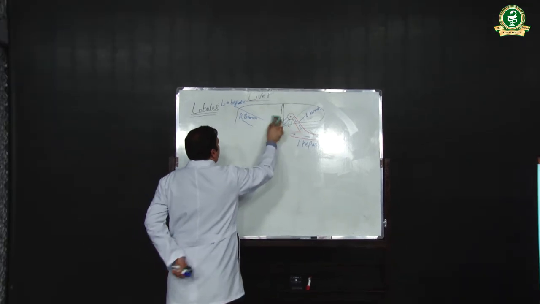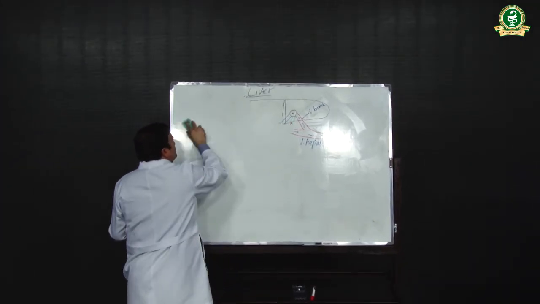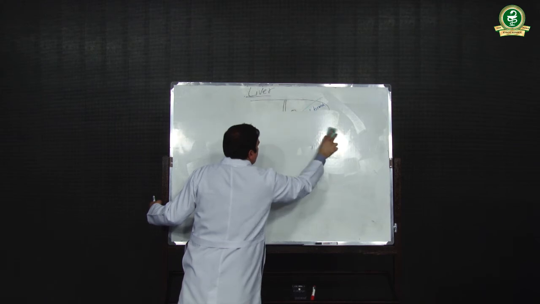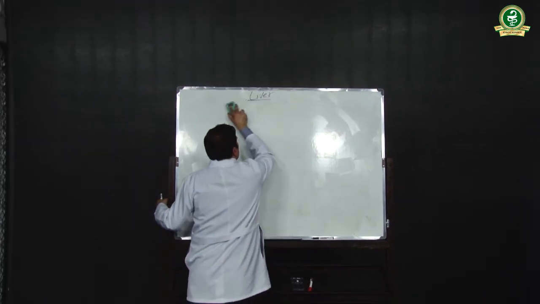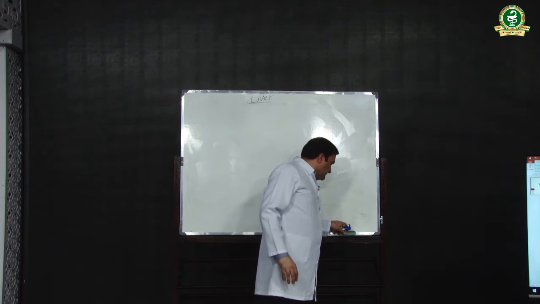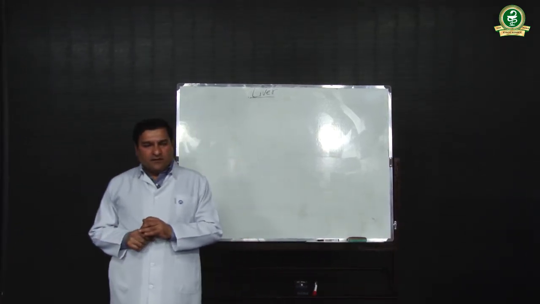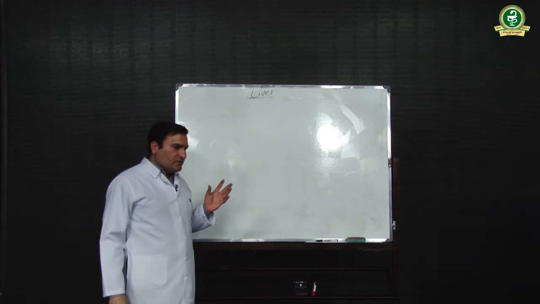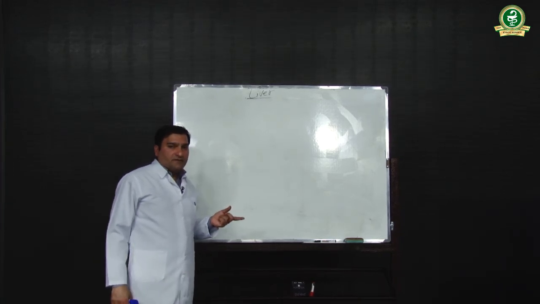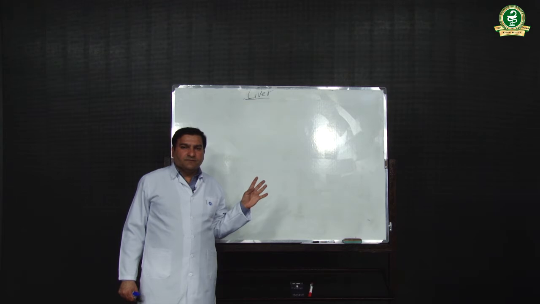Now, what is our liver function? The main organ in our body for detoxification of drugs is a gland known as the liver.